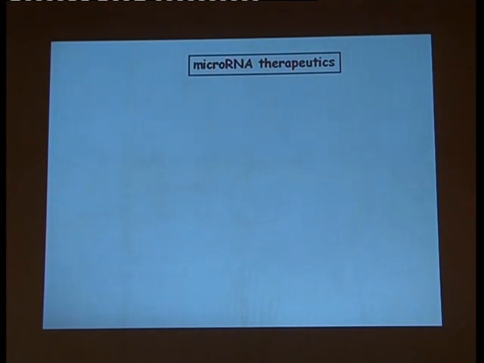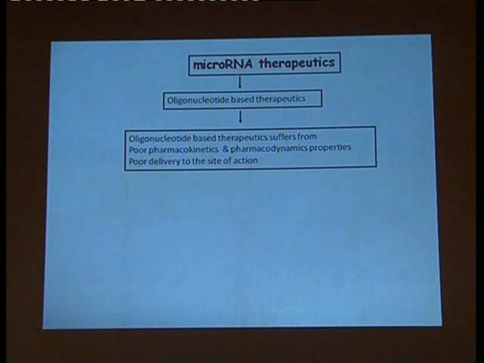So, as we have discussed, microRNA is a therapeutic target, and we can invent new tools based on oligonucleotides. But oligonucleotides have an inherent problem because they are not as stable as small molecules that can be used as drug molecules, because of several inabilities.